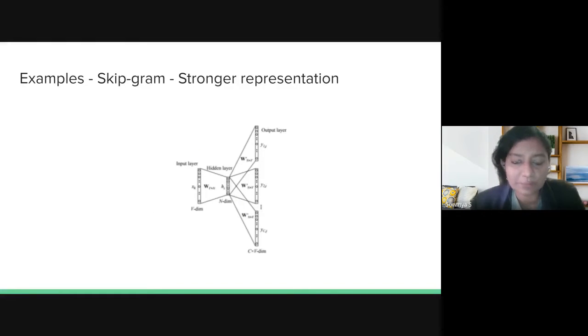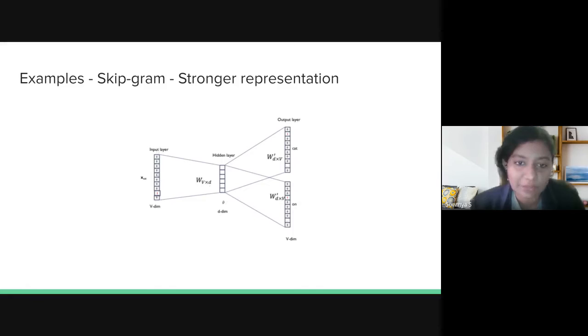Now we come to skipgram. Skipgram is a harder task. Given one word, you have to predict multiple words, but it's also equivalent to predicting multiple contexts. So it's harder, but it's also a sort of stronger representation because it incorporates all of that into this.